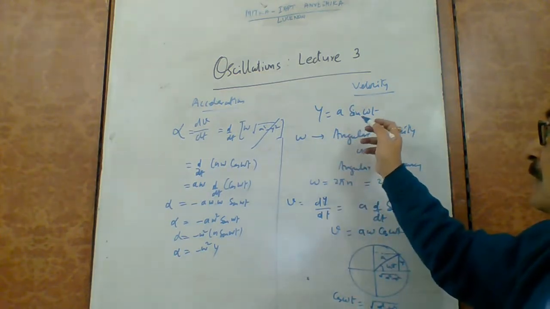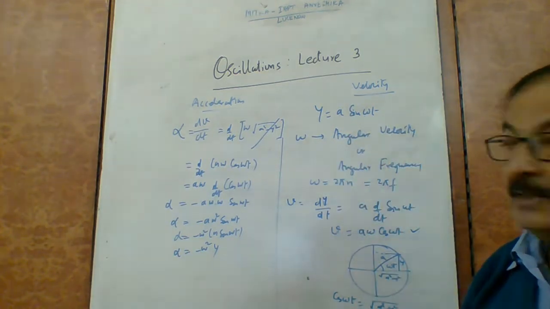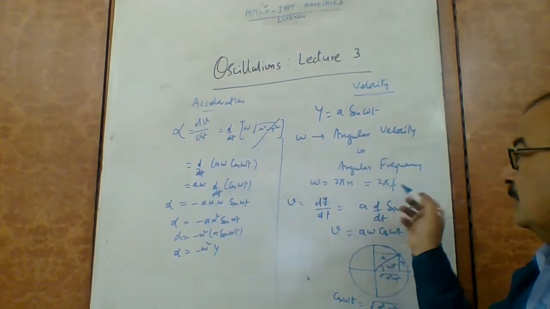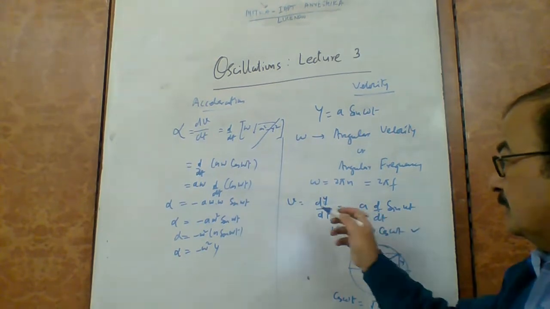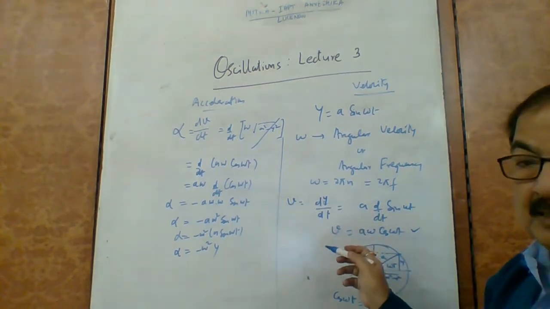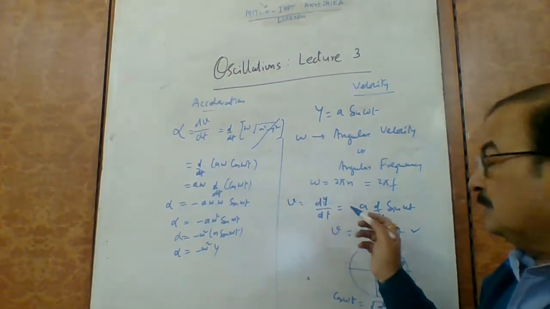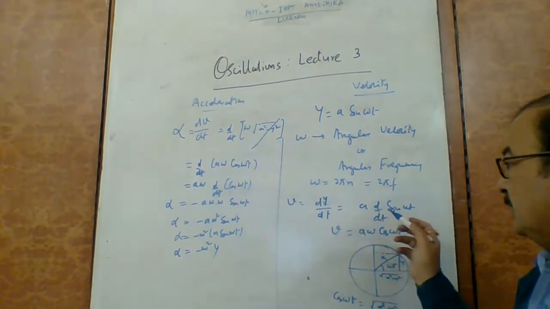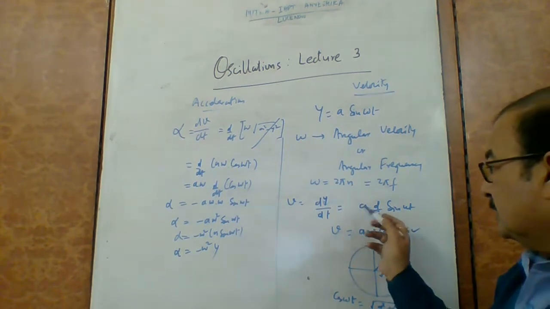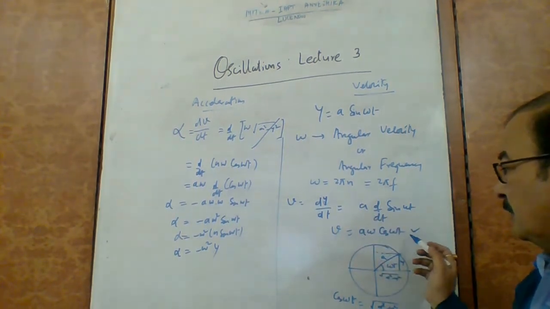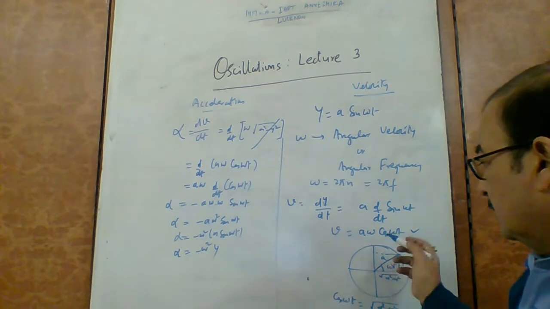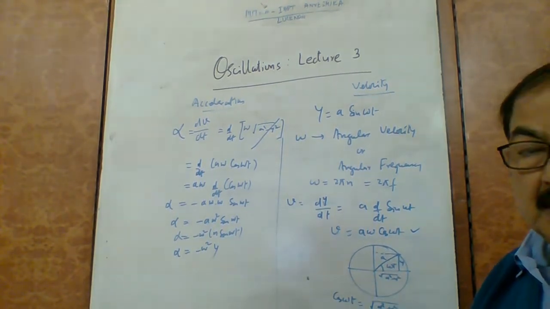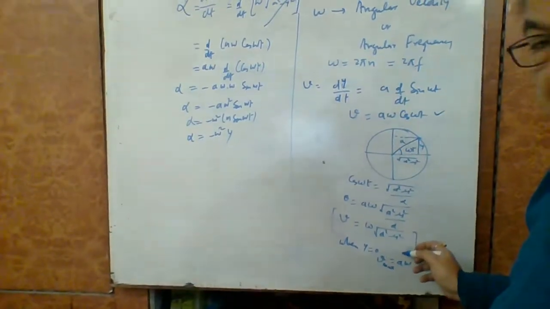We use the displacement y equal to a sin omega t, and we have already said what omega is: 2 pi n, or 2 pi f. Then v equal to dy upon dt, the differential coefficient of displacement. In place of y we write a sin omega t, a is taken out, and omega t can be determined again by this uniform circular motion, and we ultimately get this formula.